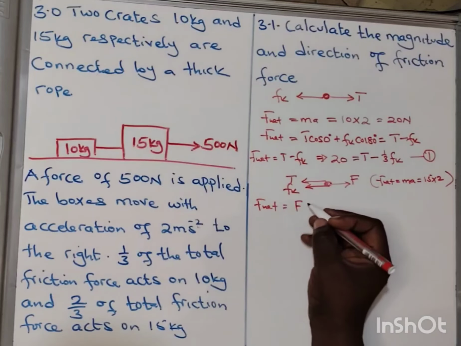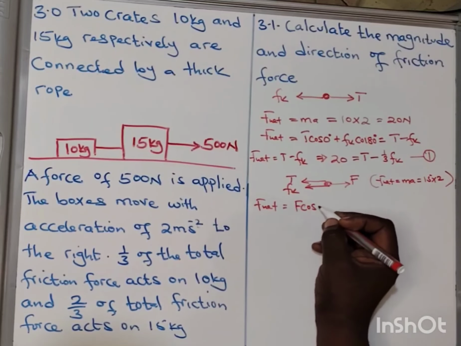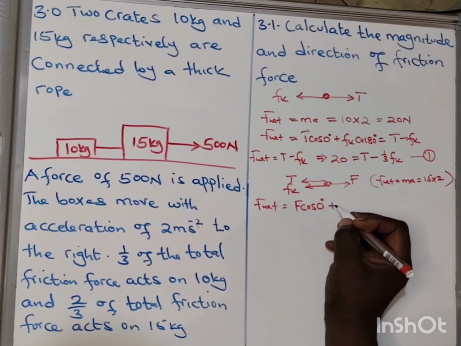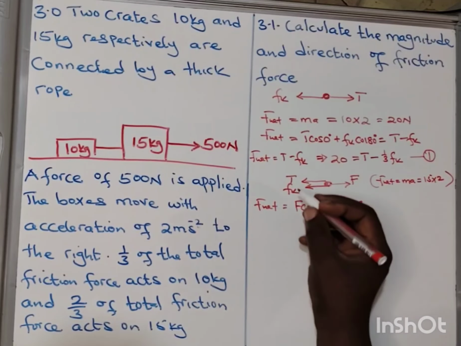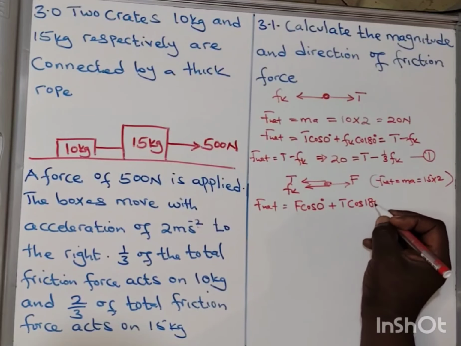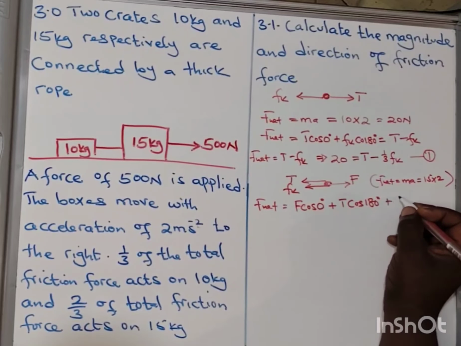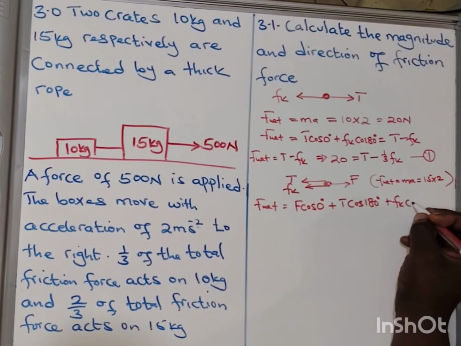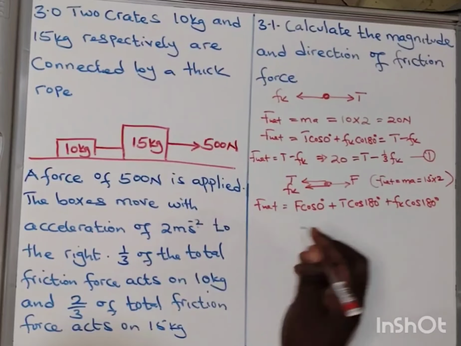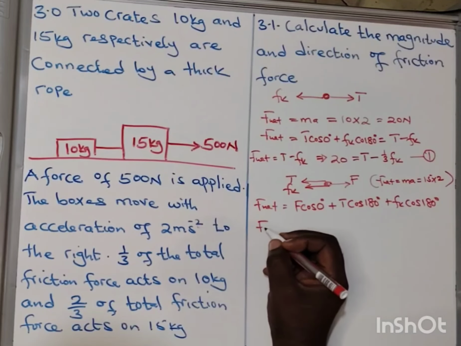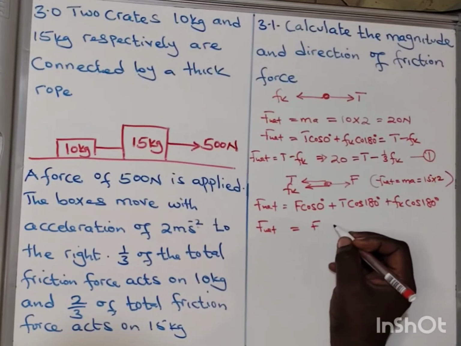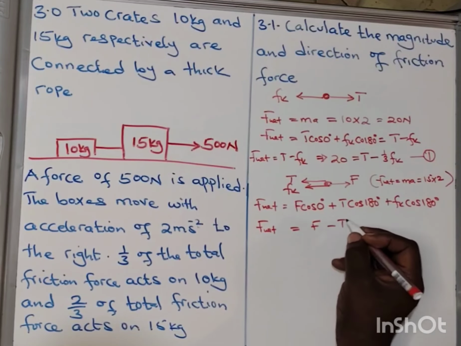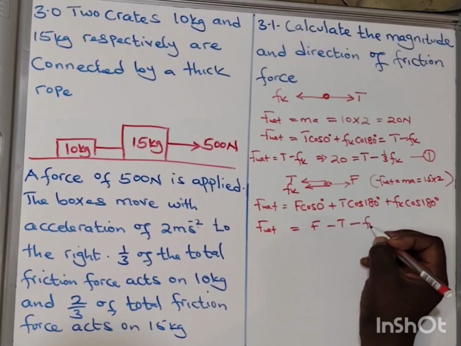So F net is going to be F cos 0 degrees plus T cos 180 degrees plus Fk cos 180 degrees. So from here, what do you get? You get your F net giving you F minus T minus Fk.